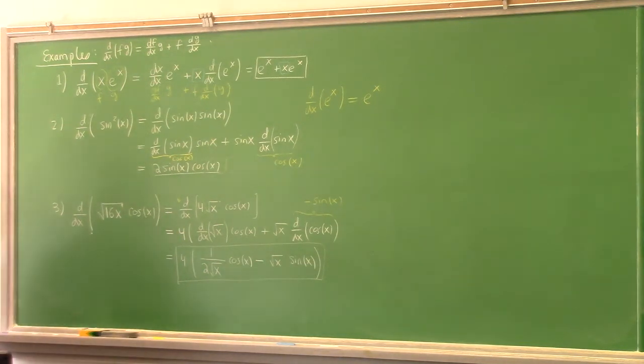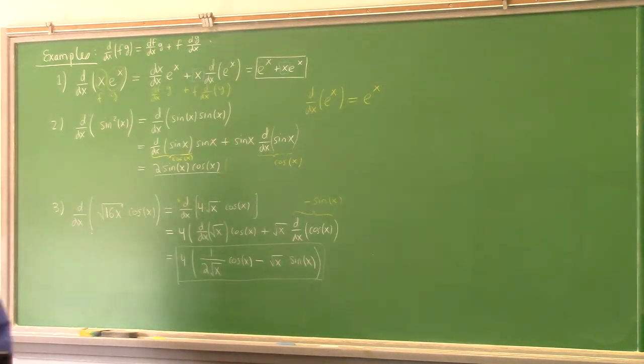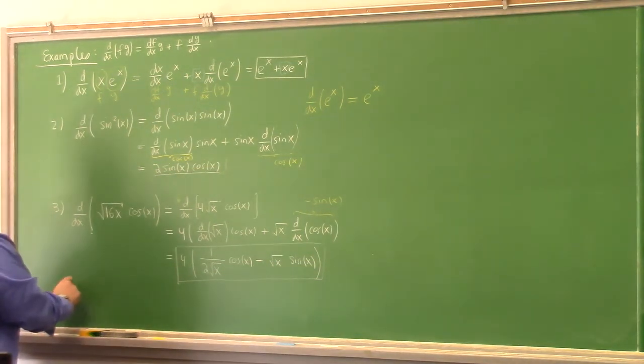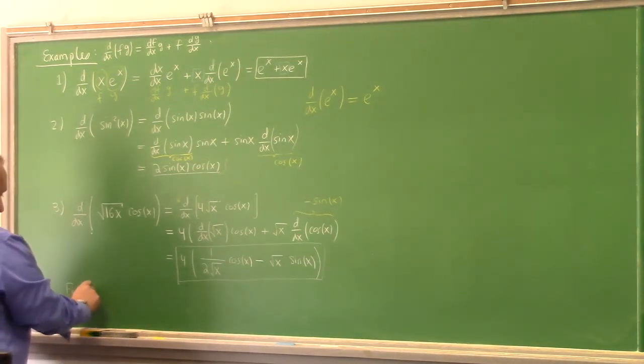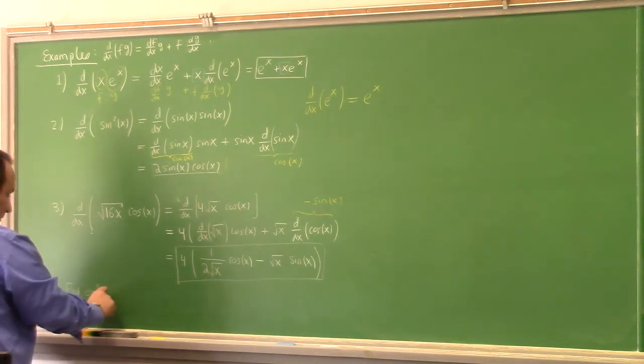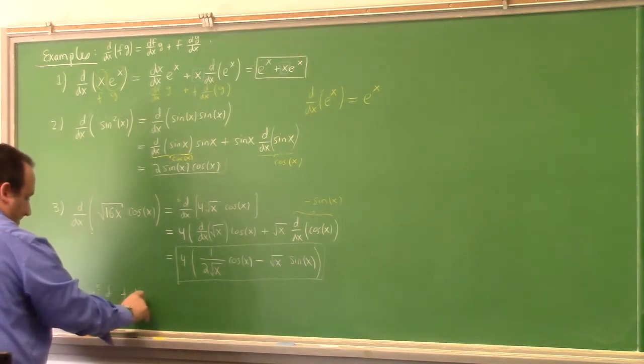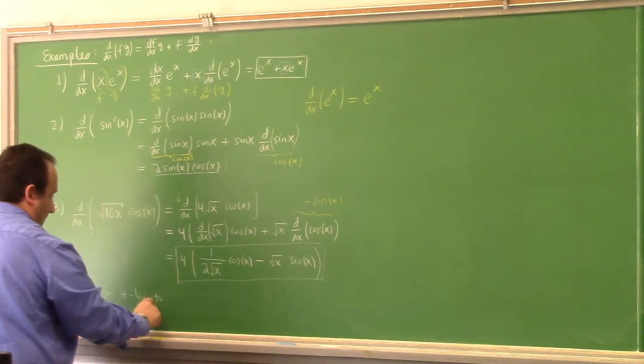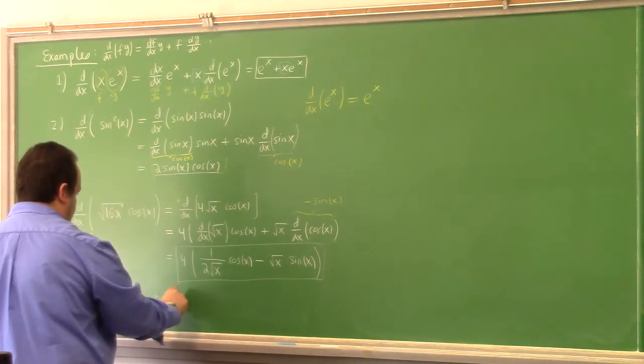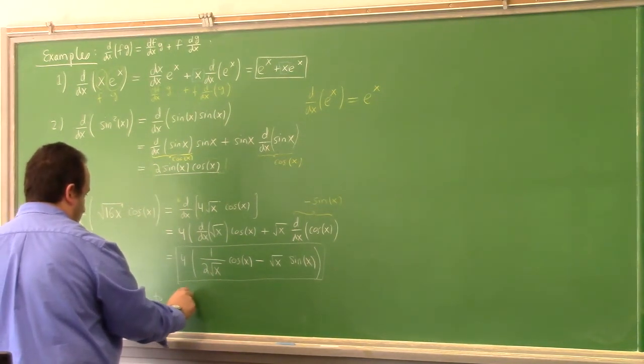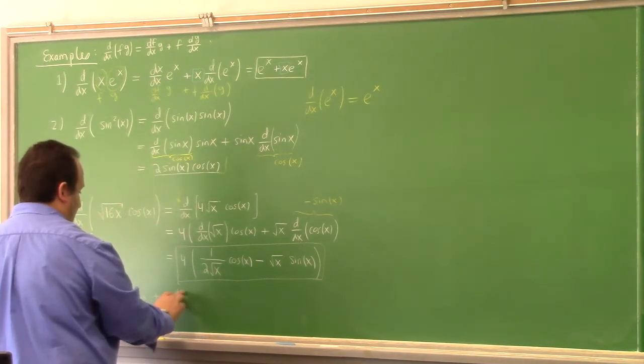Maybe we should do an application to a tangent line before I go on to anything else. Can you find the equation of the tangent line to, let's say here, ooh, not 0, that would be bad.